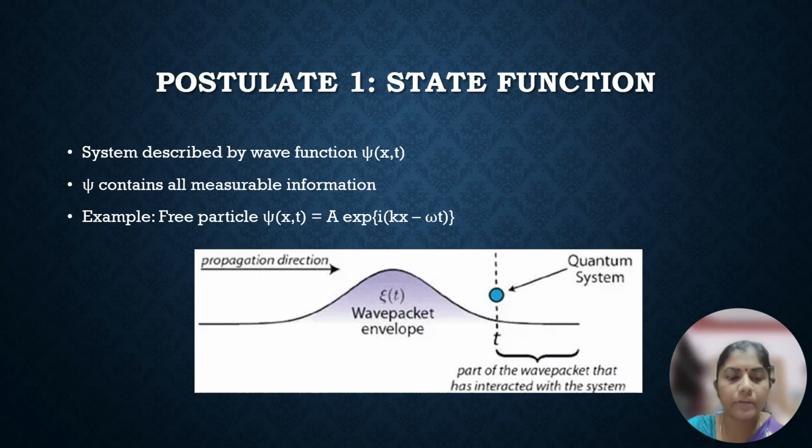For example, a free particle has a wave function psi of x, t equal to A exponential of i(kx minus omega t). Notice that psi is not directly observable, but it encodes probabilities of outcomes.